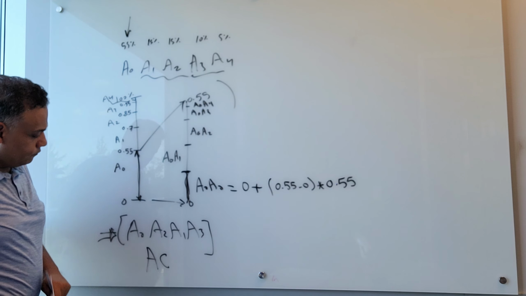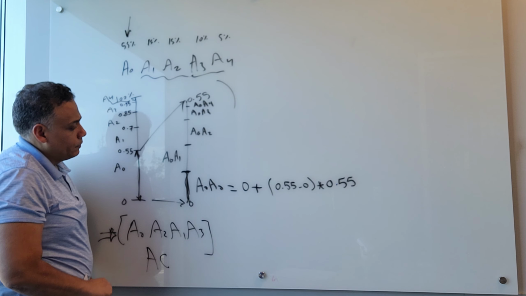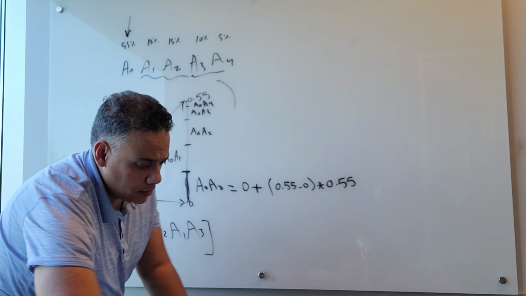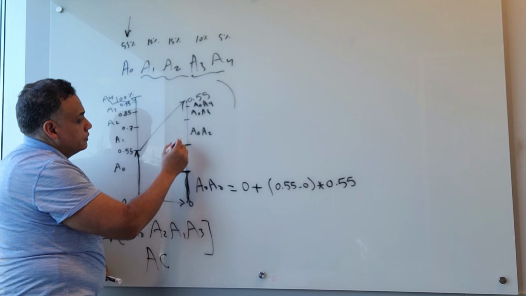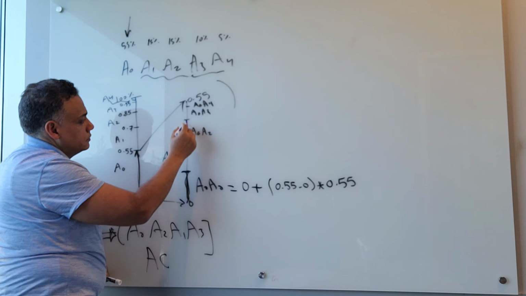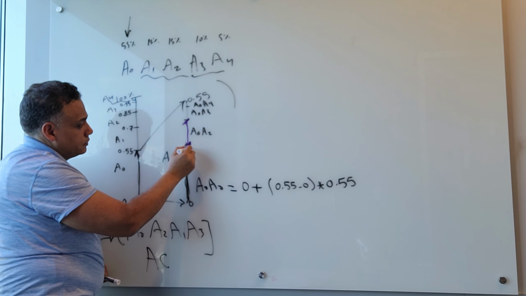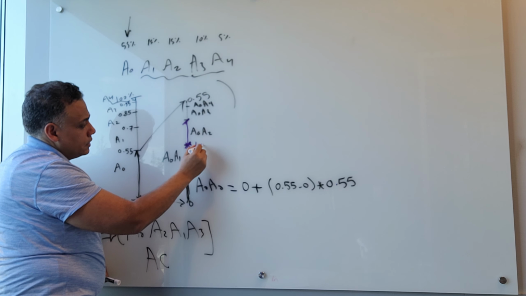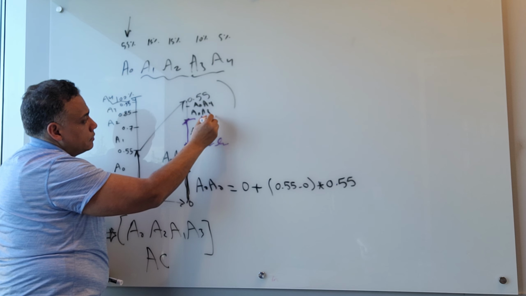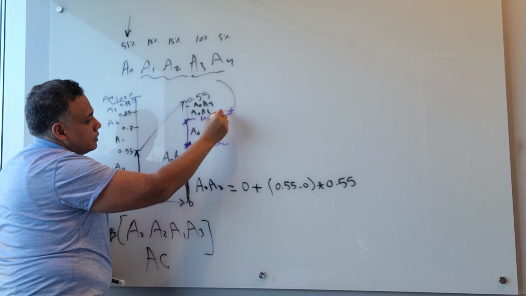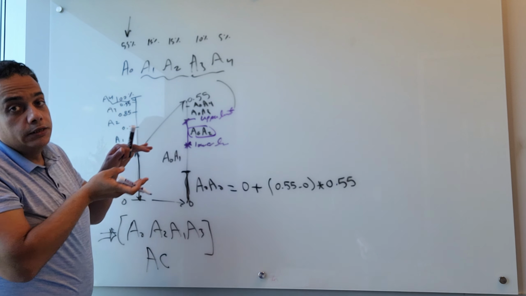So the first symbol is A0, but then it's followed by A2. So we're not going to take this interval, we're going to pick this second interval, because the message is A0, A2. So we need to find this lower limit and this upper limit. And this becomes the new interval that we need to refine.